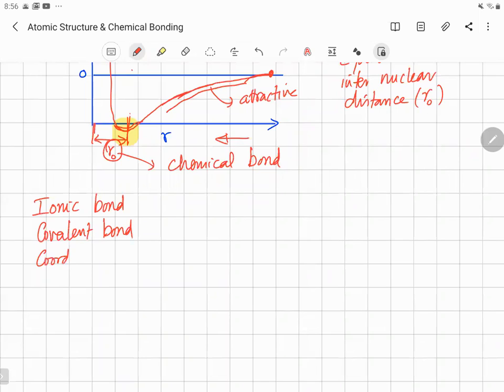There are many other types of bonds, but out of them we will discuss only these two, ionic bond and covalent bond. In this semester we are going to discuss only these two bonds.